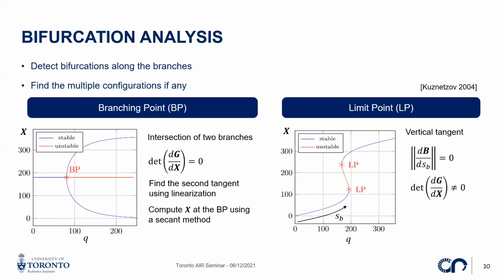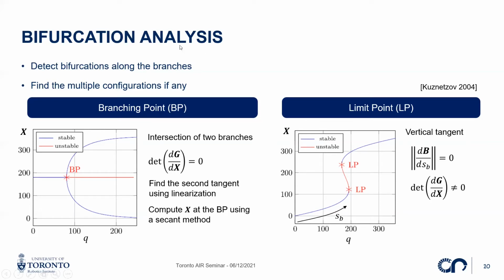So the second tool that we use is bifurcation analysis. During this computation of these branches of solution, we try to detect particular configurations for which multiple solutions appear, or for which the robot changes stability. Basically, there is a whole field, bifurcation analysis, which tries to categorize behavior changes in dynamic or static systems.